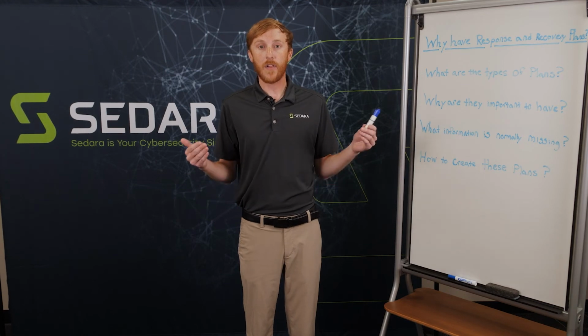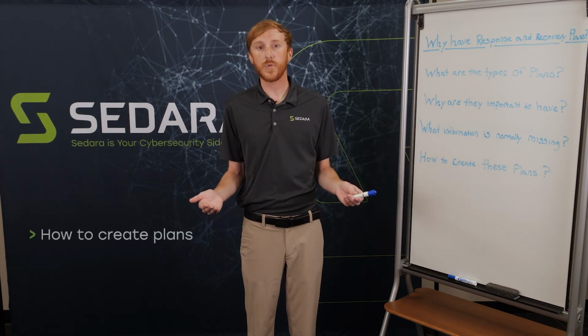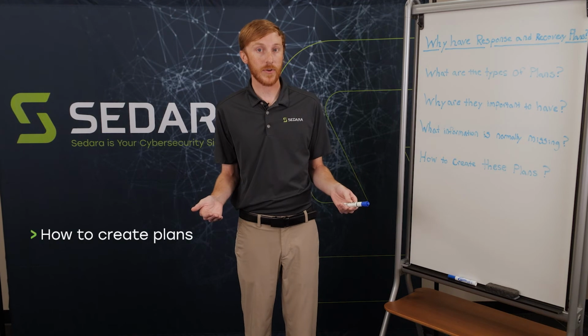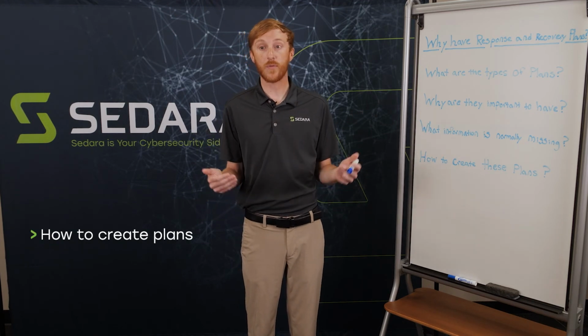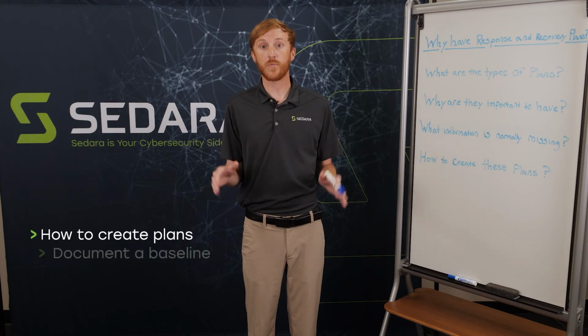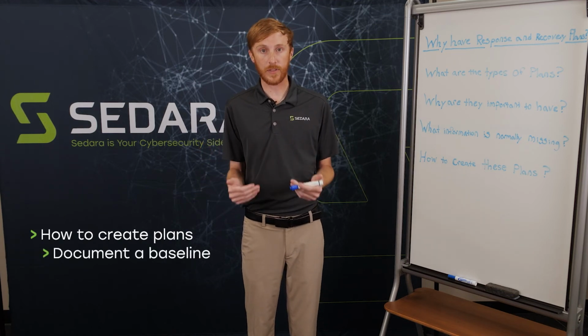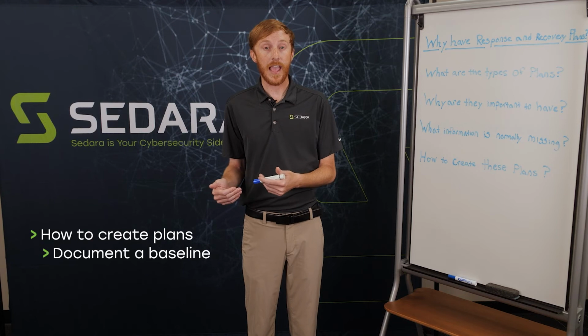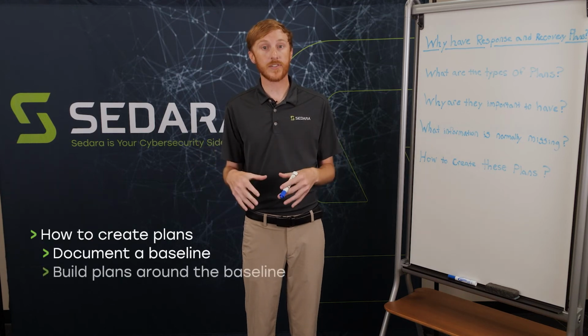Lastly, a lot of people have questions about how do we create these plans in general. It's important that once we start in on the process, if we're starting from a ground floor, that we document what we currently do as a baseline, and then we start building plans around that.